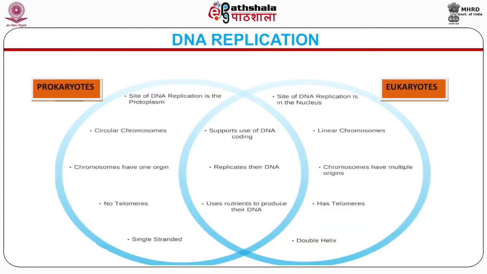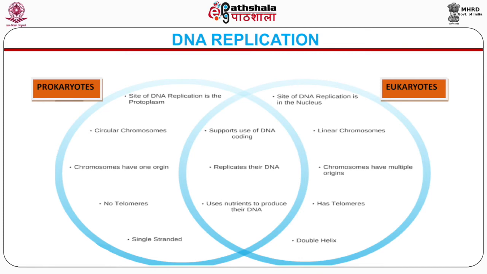Another very important thing about DNA replication in prokaryotes and eukaryotes is that the prokaryotic genome is rather smaller, and therefore once a replication bubble initiates, it transmits just like a wave and spreads to the entire plasmid or the entire DNA of the prokaryote. So just one replication bubble is enough to initiate replication in a prokaryotic system. But for a eukaryotic system with billions of base pairs, it's not easy for one replication bubble to initiate the process of replication, and therefore multiple replication processes initiate, and we call this firing of the replication bubbles.